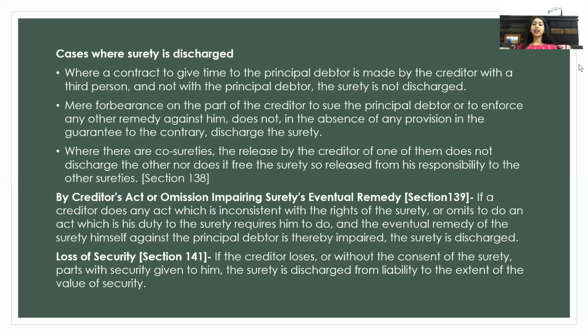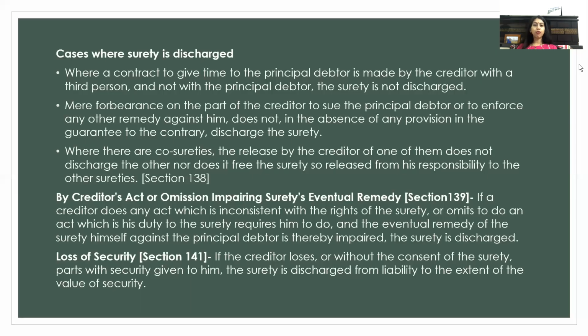So if a creditor does any act which is inconsistent with the rights of the surety, or omits to do an act which his duty to the surety required him to do, and the eventual remedy of the surety against the principal debtor is thereby impaired, the surety is discharged.